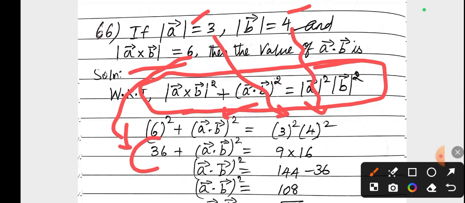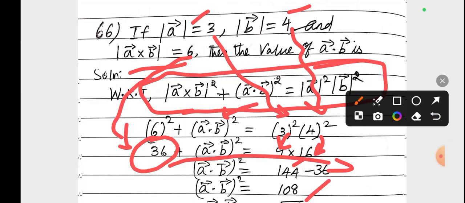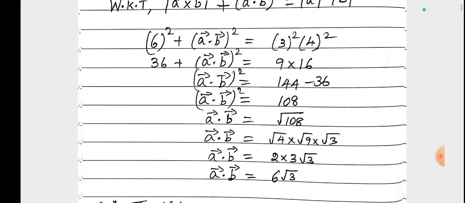So 6 square is 36, 3 square is 9, 4 square is 16. 9 fours are 36, 16 nines are 144, plus 36 goes outside, now minus 36. We got the value A vector dot B vector square equals 108.